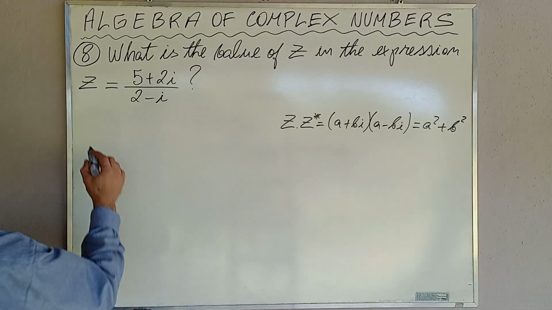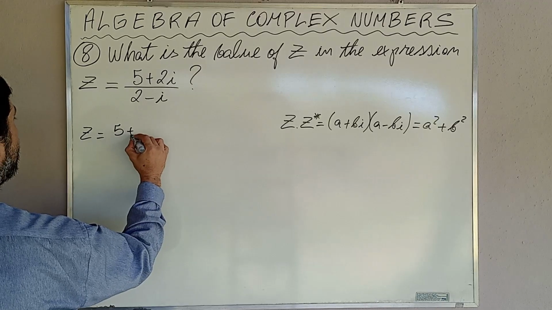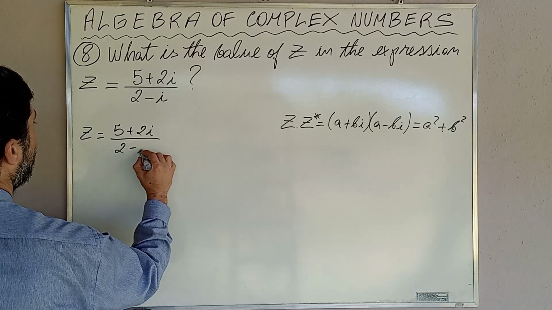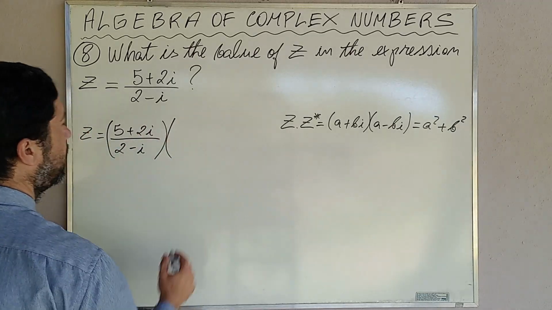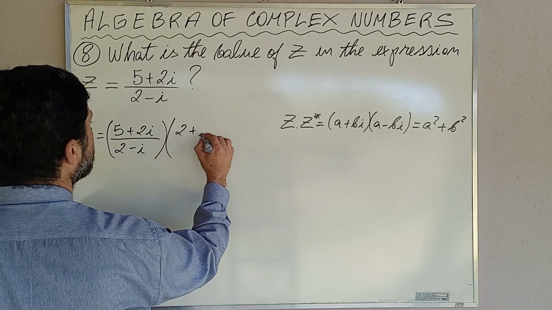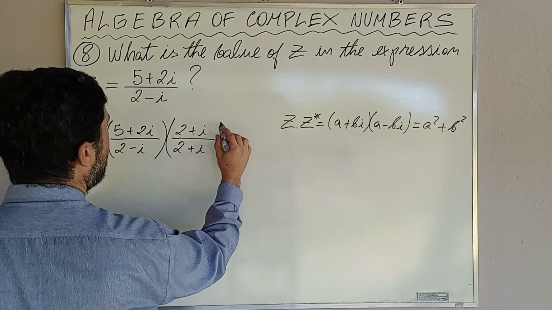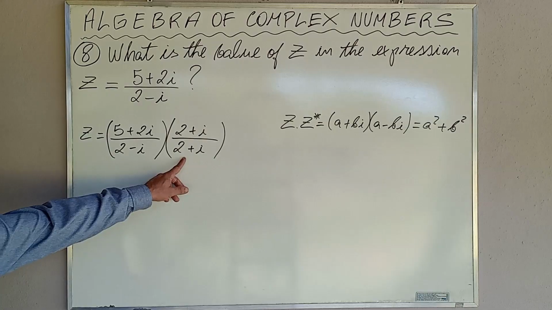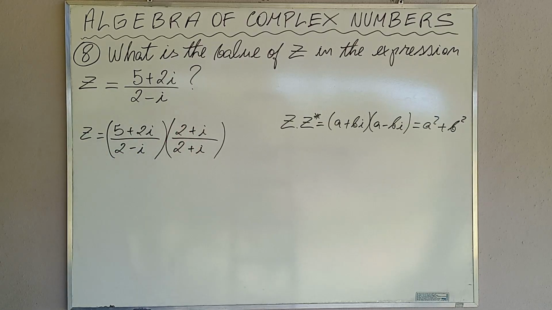In this way, z equal to (5 plus 2i) divided by (2 minus i) will be multiplied by (2 plus i) divided by (2 plus i). Observe that we are not altering the number, we are multiplying by 1. This divided by this is 1.